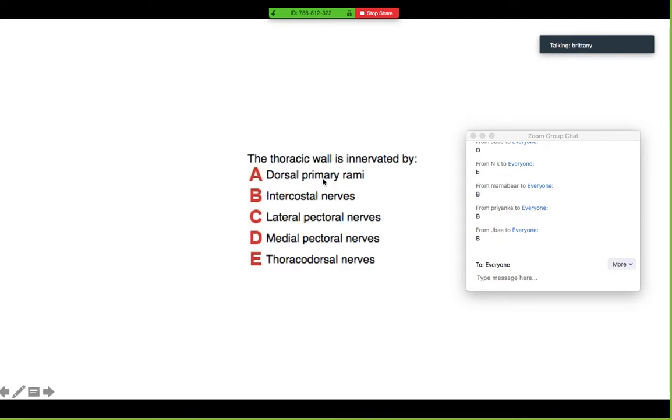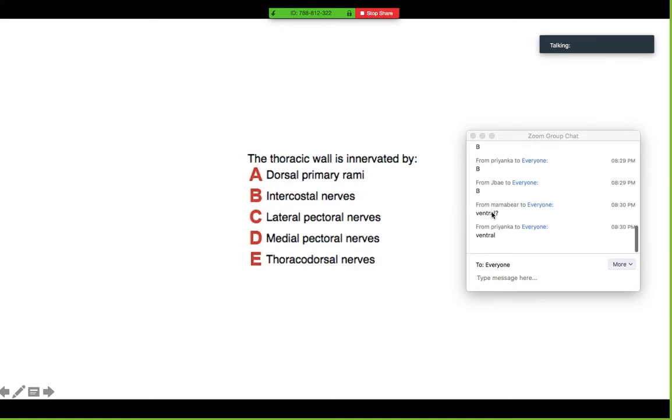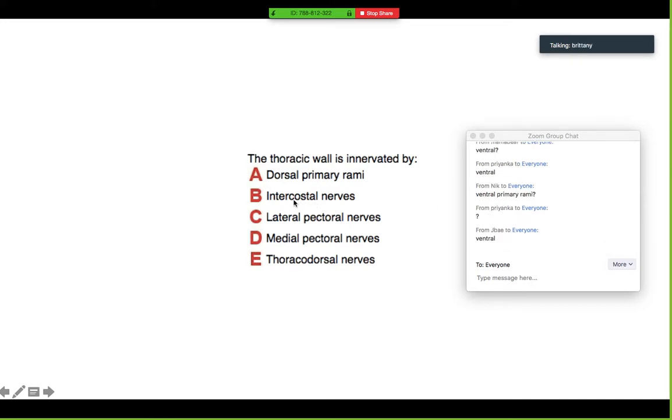So not dorsal primary rami, but ventral, right. So if you were to see ventral primary rami as an option, that would make this question a little bit tougher. And then, there would be your correct answer.